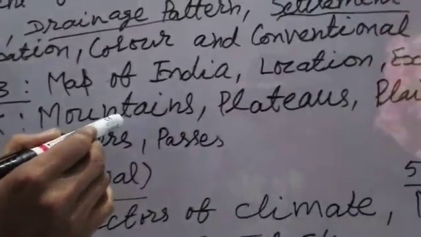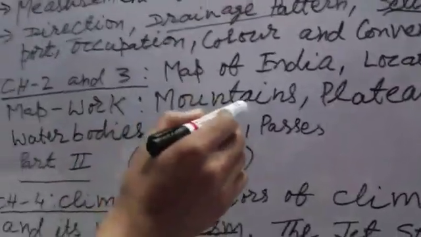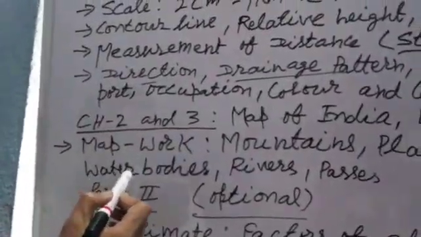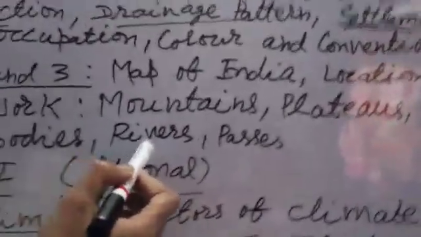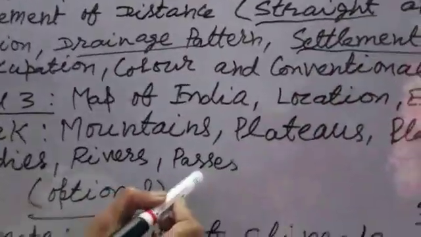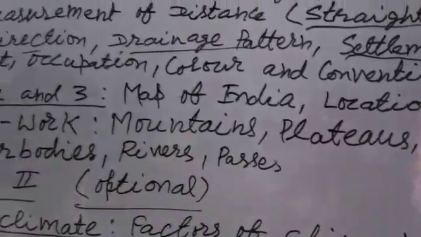Mountains like Himalayas, Karakoram, plateau, Deccan Plateau, Chotanagpur Plateau, plain, Konkan, Kanara, Malabar, Coromandel, Northern Circars, peak, Kanchenjunga, Godwin Austen, water bodies, Gulf of Kutch, Gulf of Khambhat, Gulf of Mannar, rivers, Indus, Brahmaputra and Ganga and estuaries. Passes, the Karakoram Pass and the Nathula Pass.